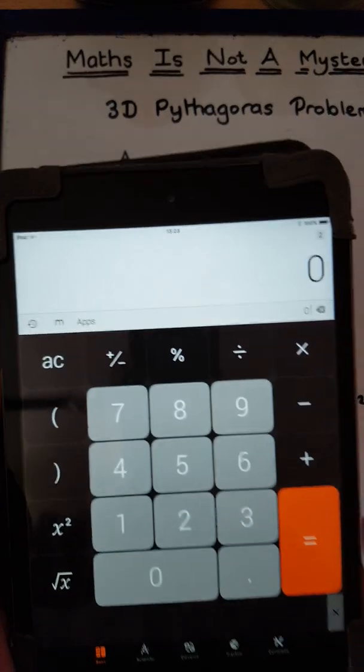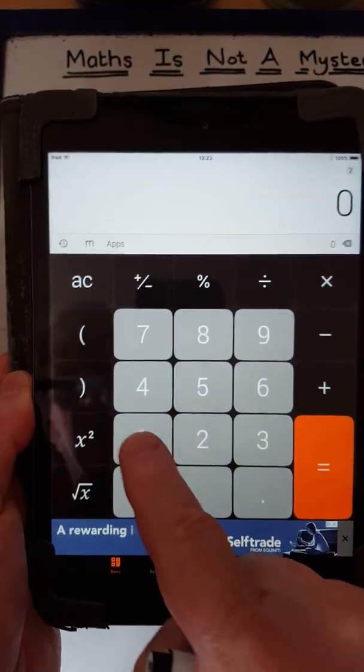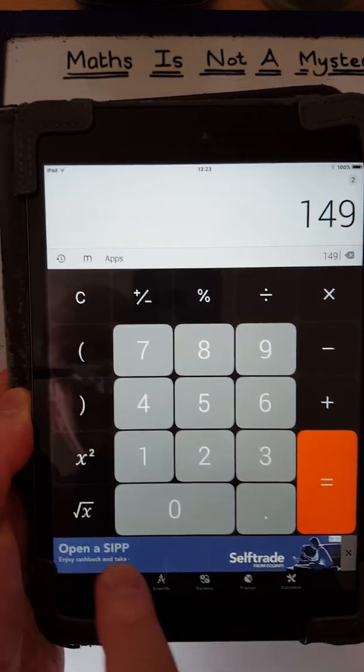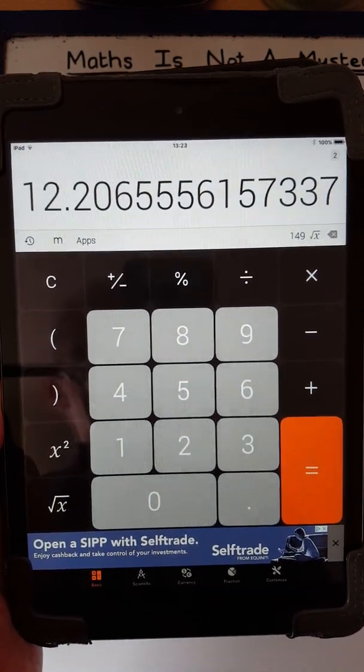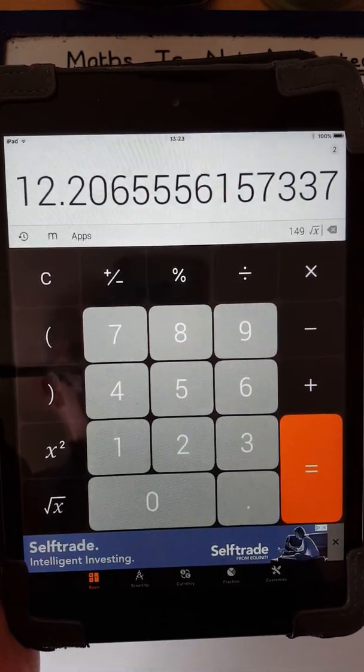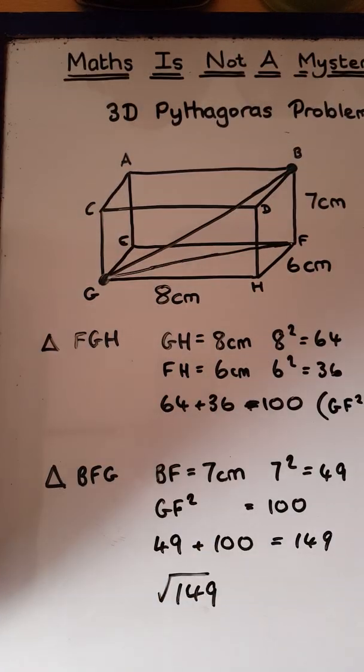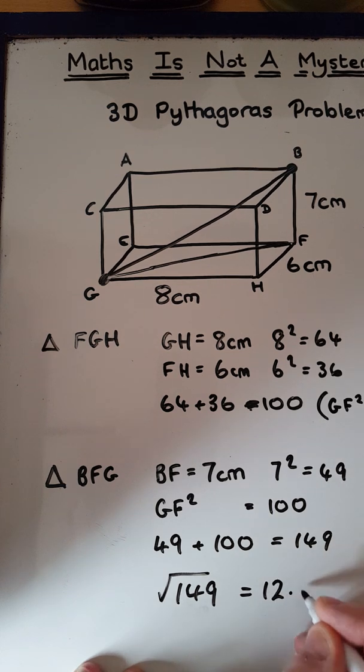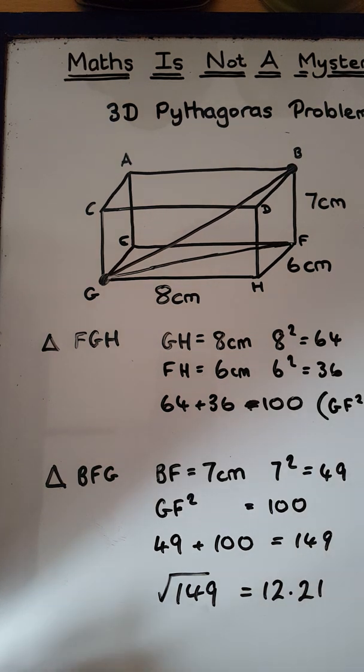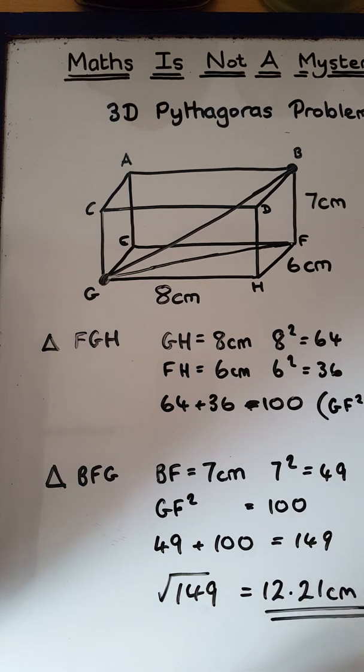So let's just get our calculator in here and type in 149 and square root it. 12.206, so I can round that to 12.21. Square root of 149, 12.21. And that's it. We've completed it. 12.21 centimetres. Put the units in to get the full marks. Is the length of that.